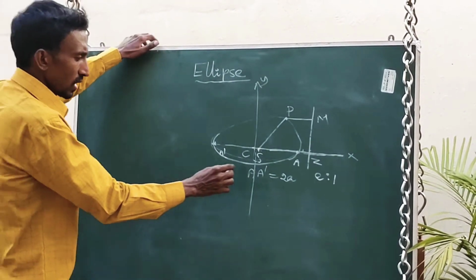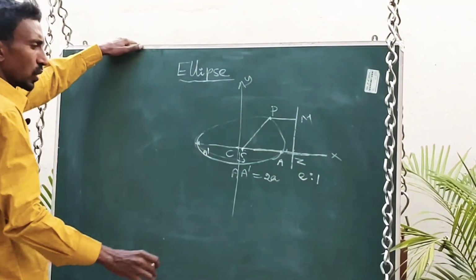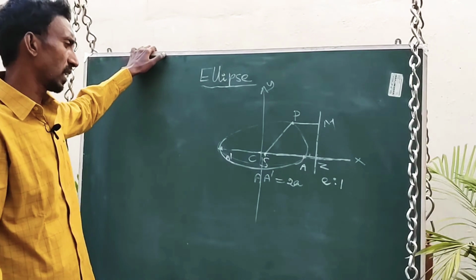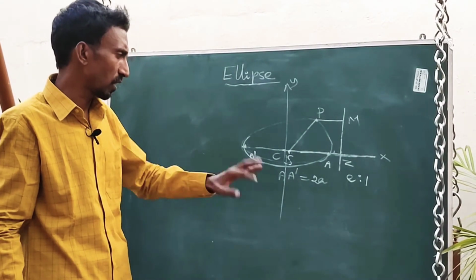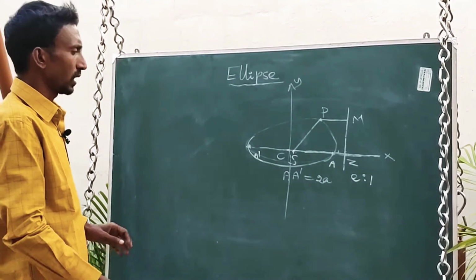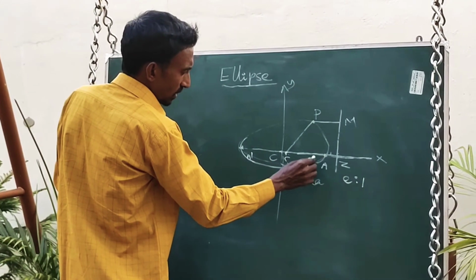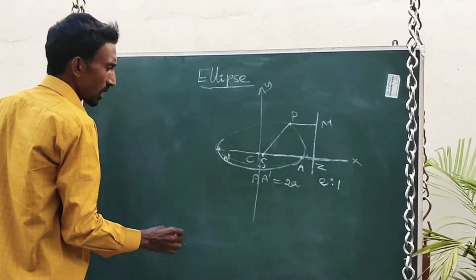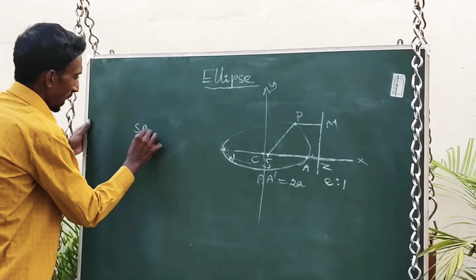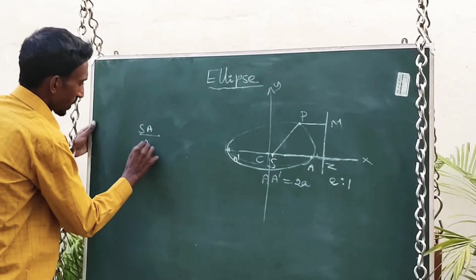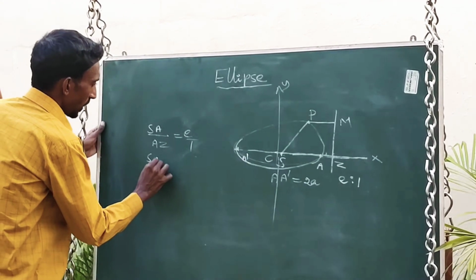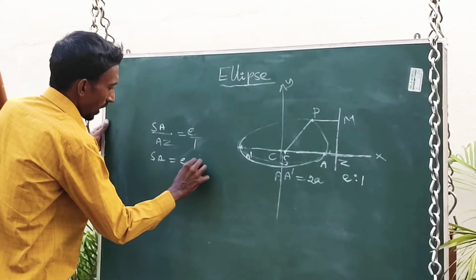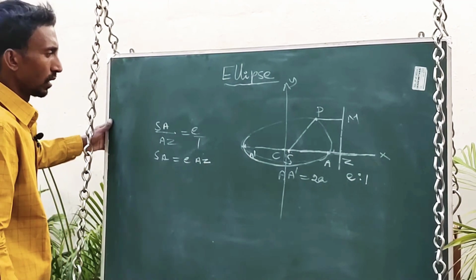First we are going to use two theorems from 11th standard: the section formula for internal division and the section formula for external division. According to that, A divides SZ internally in the ratio e is to 1, so SA by AZ equals e by 1. SA equals e into AZ.